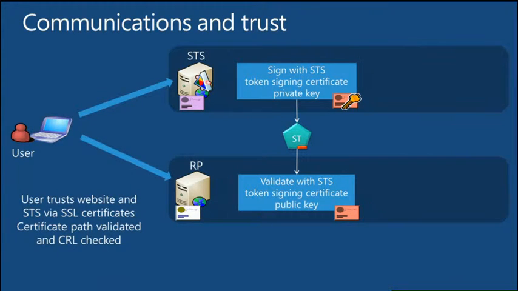If something goes wrong with this relationship, it's a relationship with a partner organization or a service that's providing you IDP. If they have their certificate compromised and you have to wait until the CRL has propagated out, there's something wrong with your relationship. They should be telling you immediately our certificate's been compromised.